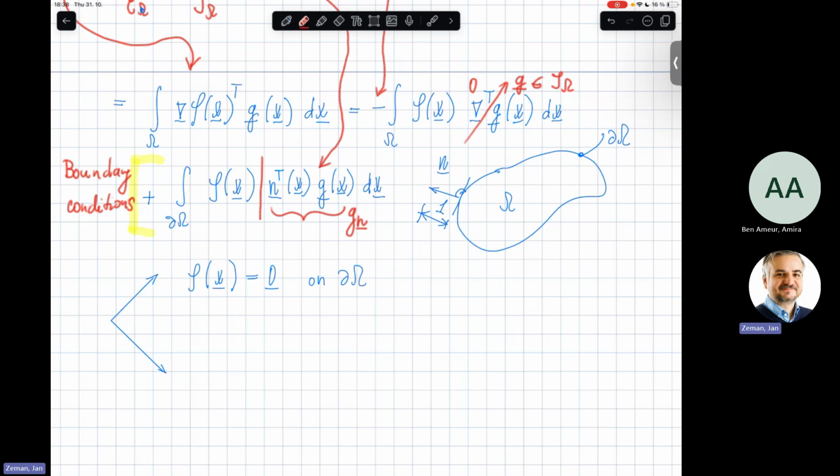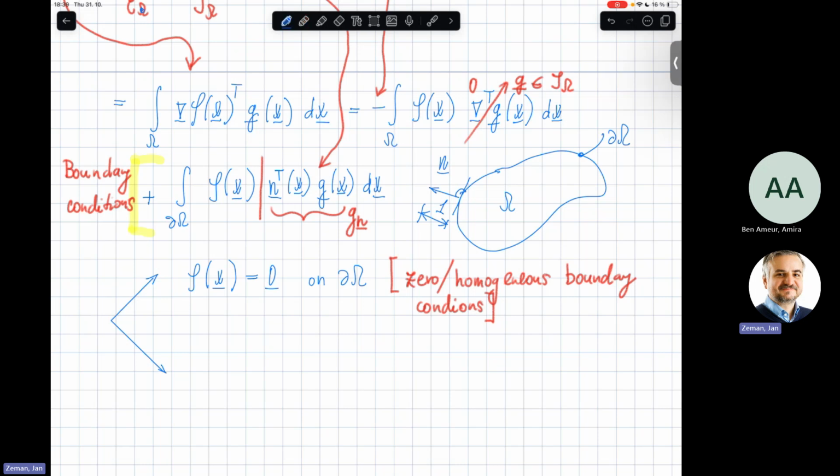Which means that in addition to the previous conditions, meaning that this is the field which can be derived as a gradient of something, it must additionally satisfy Dirichlet boundary conditions, but not any Dirichlet boundary conditions, but the zero or homogeneous boundary conditions. Okay?